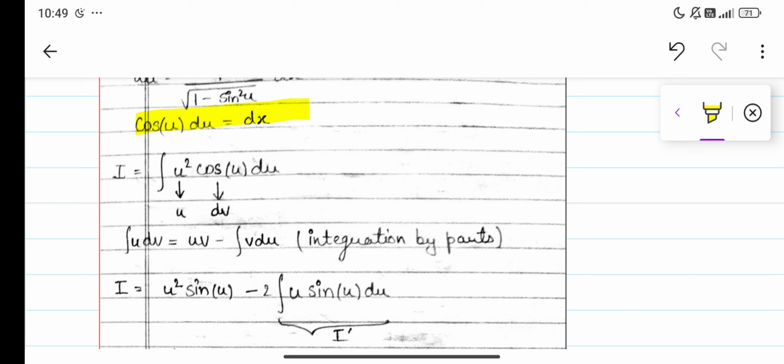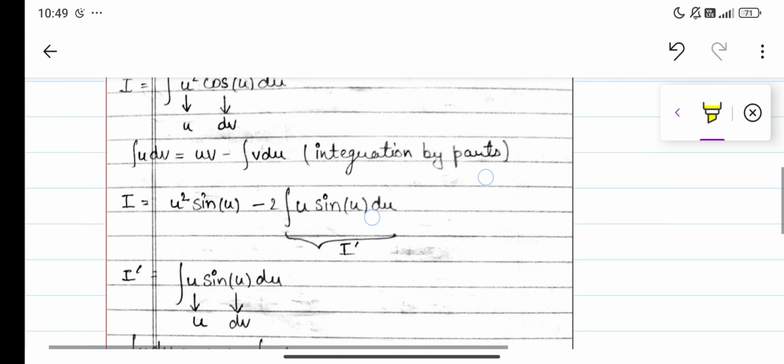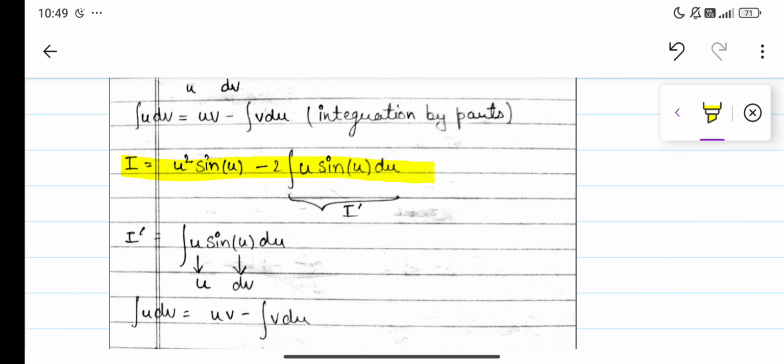Here u is u square, so the derivative is 2u, so 2 comes outside of the integral, and I am left with I is equal to u square sine u minus 2 times integral u sine u du, right? So here I get another integral, integral u sine u du. I'm bound to apply integration by parts once again to solve integral u sine u du. So I name this integral as I prime or I dash.